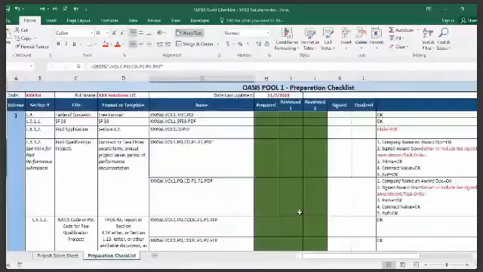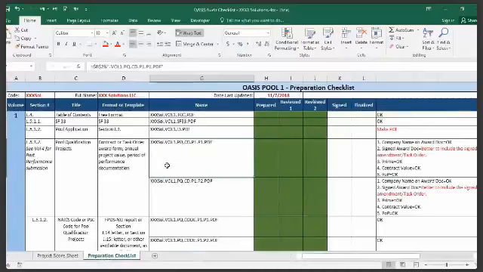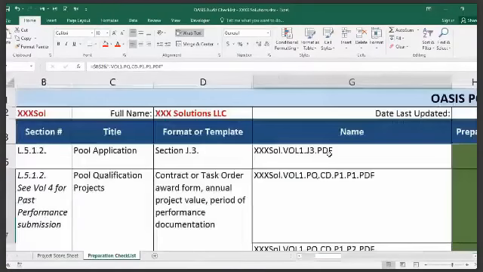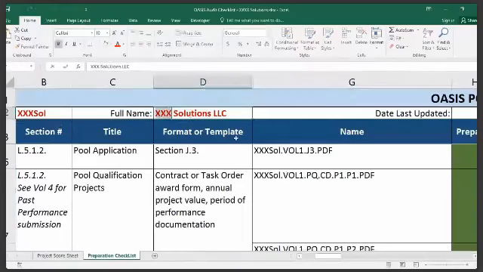This checklist is to actually prepare the documents. So once the 5 contracts are picked, then we start preparing the documents, putting them together. The naming convention is very important. This is the naming convention. This form automatically gives us the correct naming. So say the name of your company is, for example, ABC Solutions LLC.